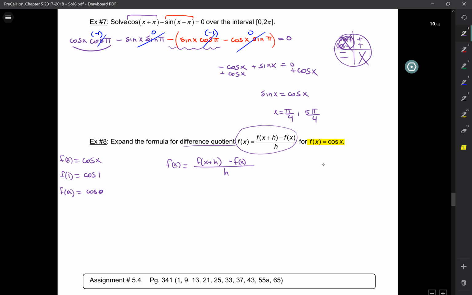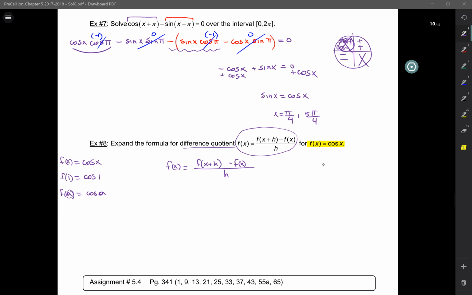Cosine of a. So basically, I'm replacing x with whatever is inside those parentheses. So now, if I had to do f of x plus h, what would it be? Awesome. So we're going to use that.